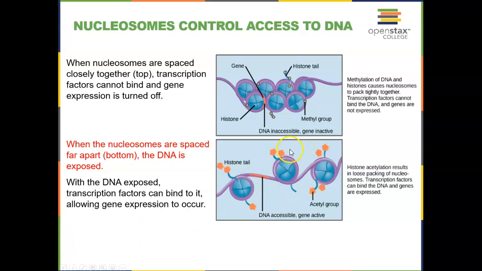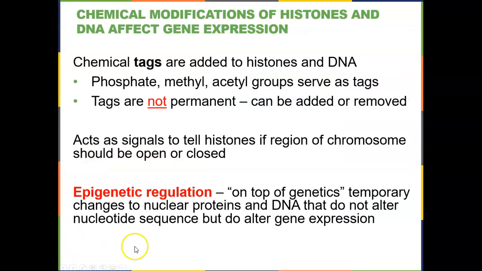So this is a process of unwinding the histones, and that happens through acetylation, trying to get these histones apart from the DNA. So there's chemical tags, which I alluded to just a bit ago, that are added to the histones and the DNA.